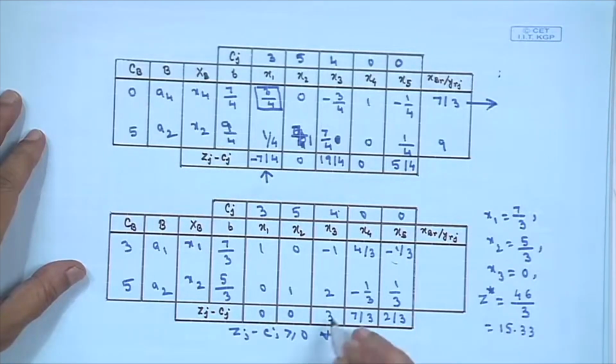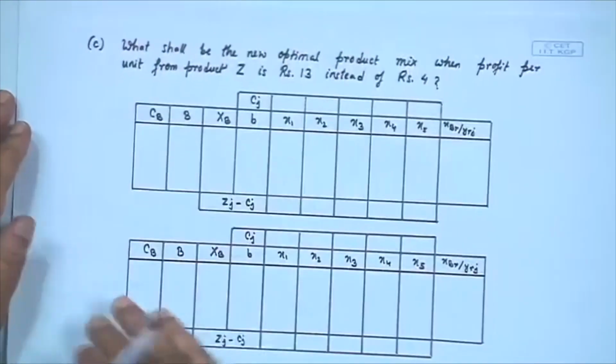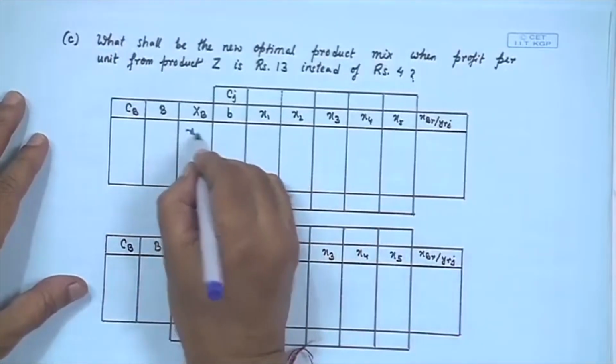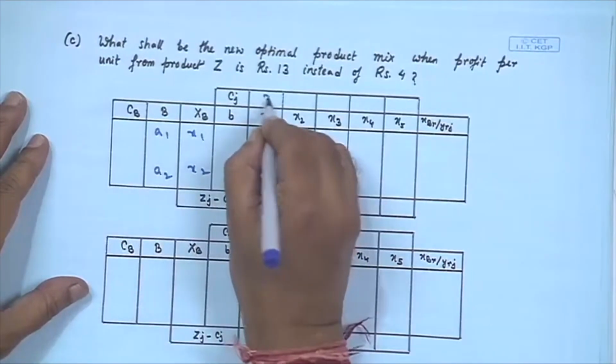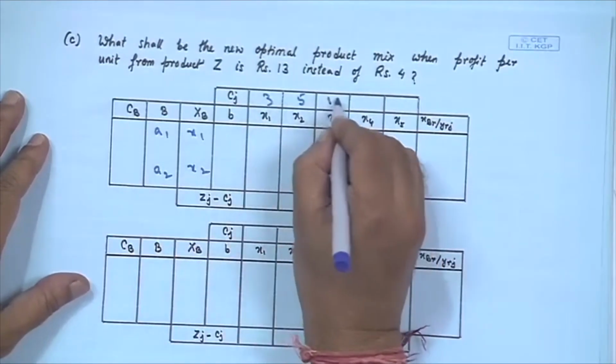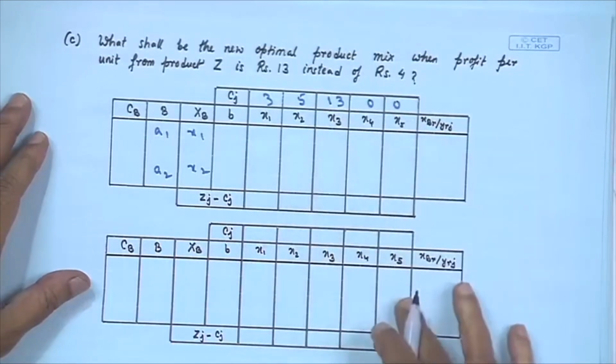So, from this one itself I will change it to 13 and then we will recalculate the value. Basically, on this we have shown the value is becoming minus 6. If I write it quickly, the last solution, your B is x1 x2 a1 a2, 3 5, this value has been changed to 13 from 4, please note this one.